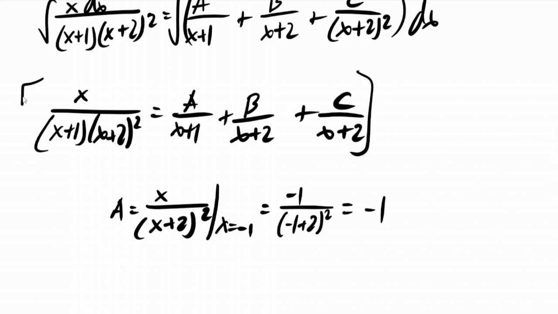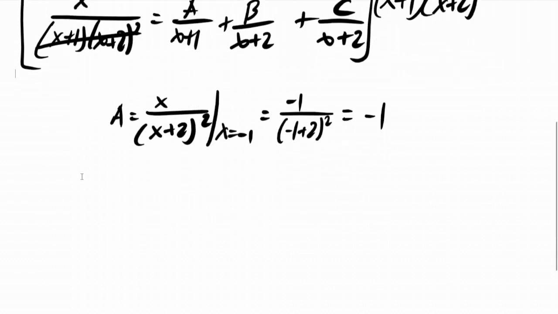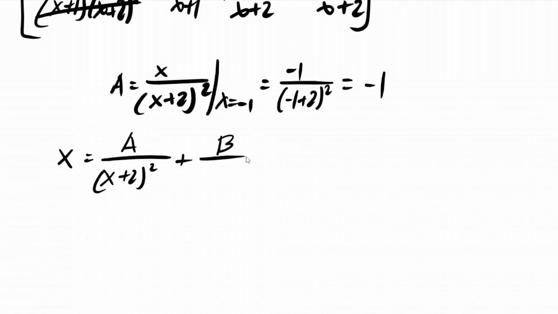So first we multiply both sides with x plus 1 times x plus 2 squared, so this will all cancel out, and what we have left here is x equals a over x plus 2 squared plus b over x plus 1 x plus 2.